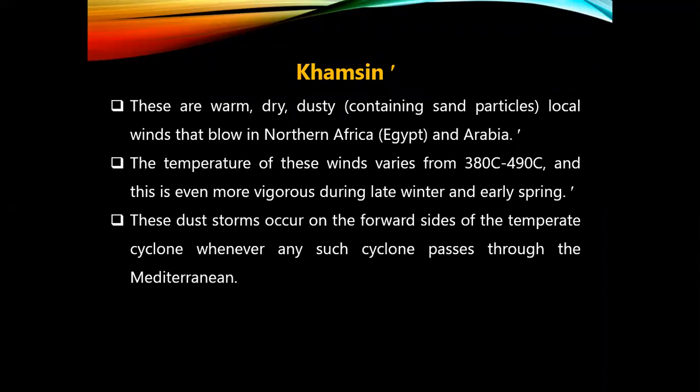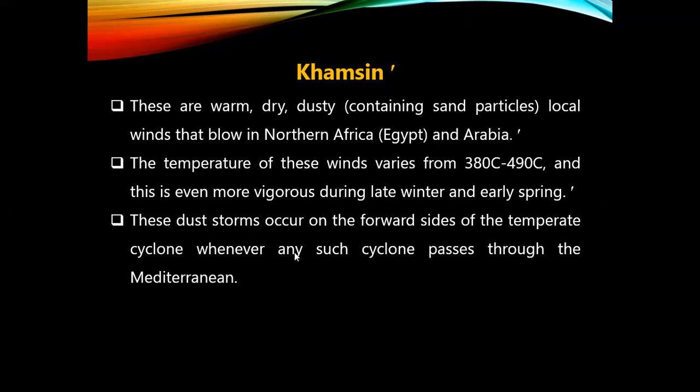Khamsin. These are warm, dry, dusty local winds that blow in Northern Africa, that is Egypt and Arabia. The temperature of these winds varies from 38 degrees centigrade to 49 degrees. And this is even more vigorous during late winter and early spring.